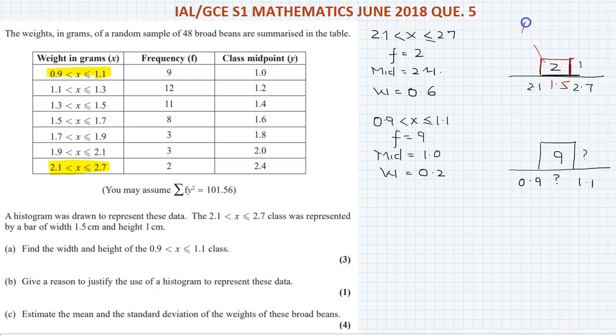So this area is this width 1.5 multiply 1, that is 1.5 unit square. This represents frequency 2.